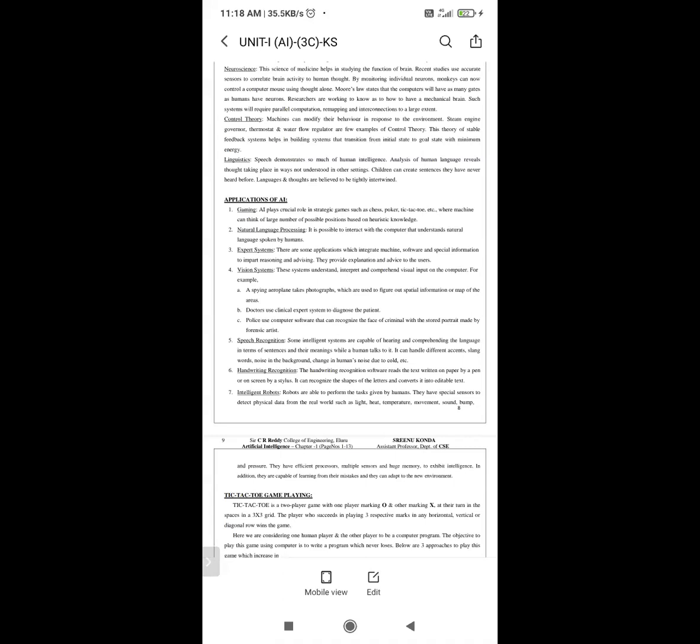And the second one is natural language processing. Here we can interact with a computer that understands the natural language spoken by humans. That means in whatever language we speak, the system is going to understand, and it is going to have a conversation with us.